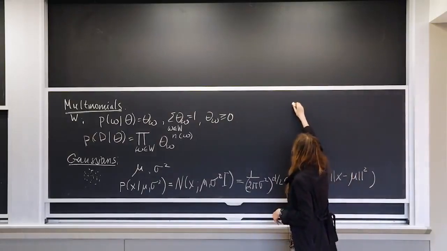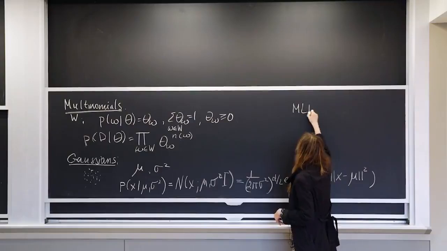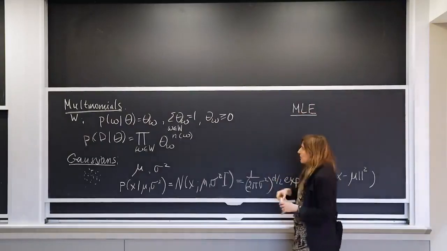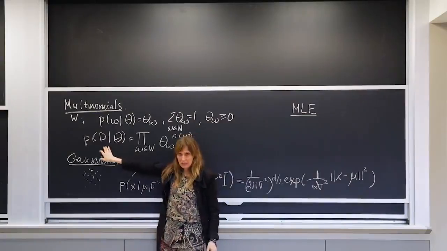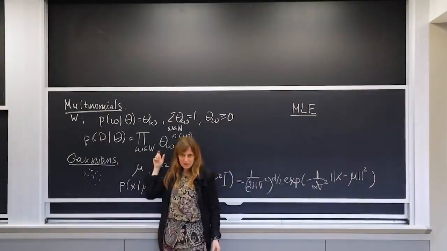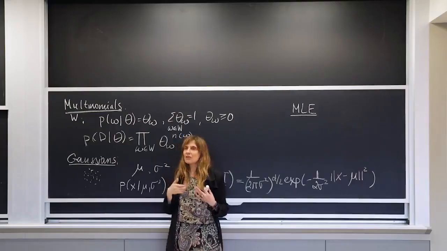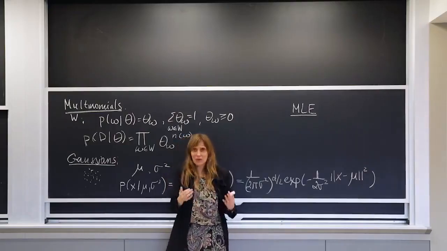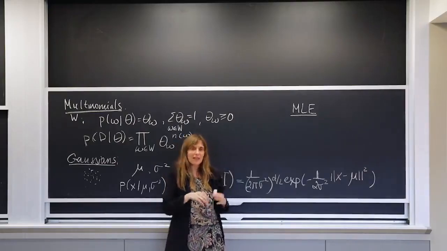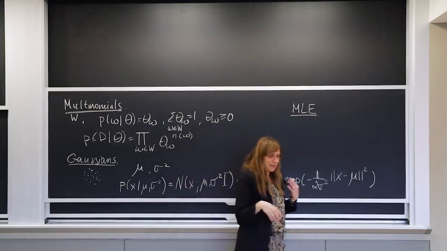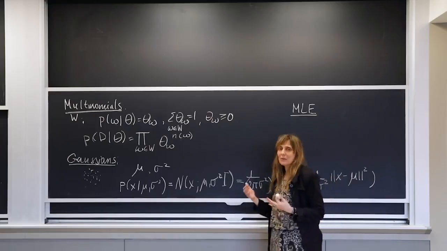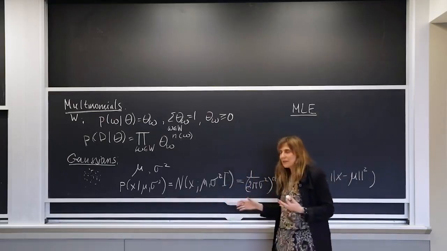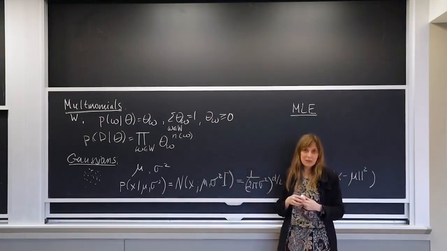So we estimated parameters using MLE, maximum likelihood estimator, and what we said is that given some particular document D, we are looking for the values of these parameters that are going to give the highest likelihood to our observed data. And if you remember, we took our usual tricks: we took the derivative with respect to the parameters, made them equal to 0, and demonstrated what these parameters would look like.